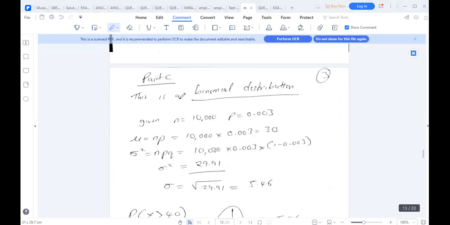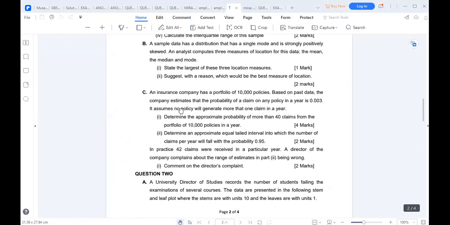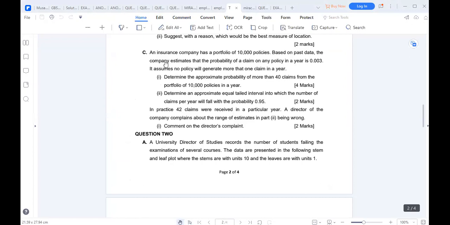Right. Then we go to perhaps the toughest question in both papers, and the binomial distribution. Here we're told a company has 1,000 policies. Now, these 1,000 policies are based on past data.